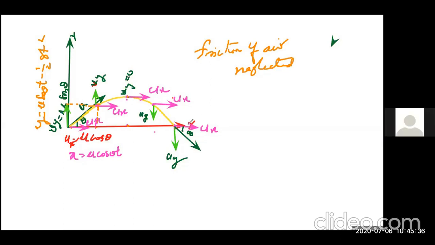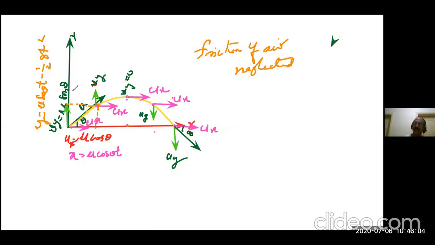Continue now. Next para. During the motion of the projectile, its vertical motion is determined by the u sin theta component.